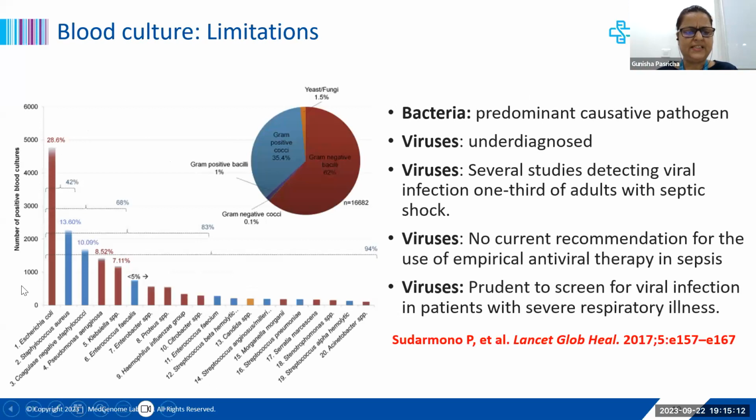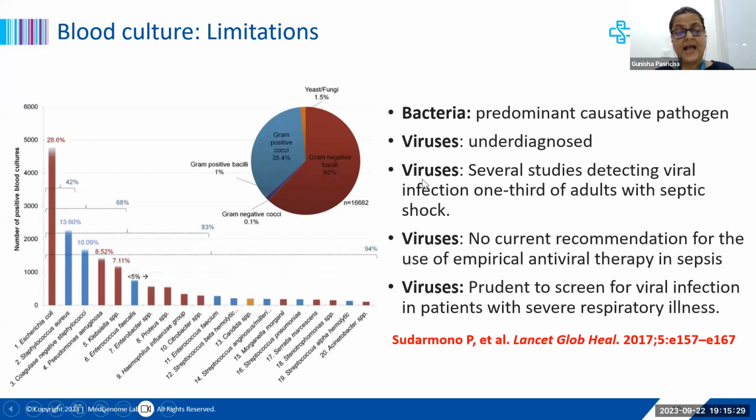Okay, this slide just tells you the most common bacteria isolated in blood cultures are gram-negative bacilli. Gram-positive cocci are 35%, and very few are yeast or fungi.